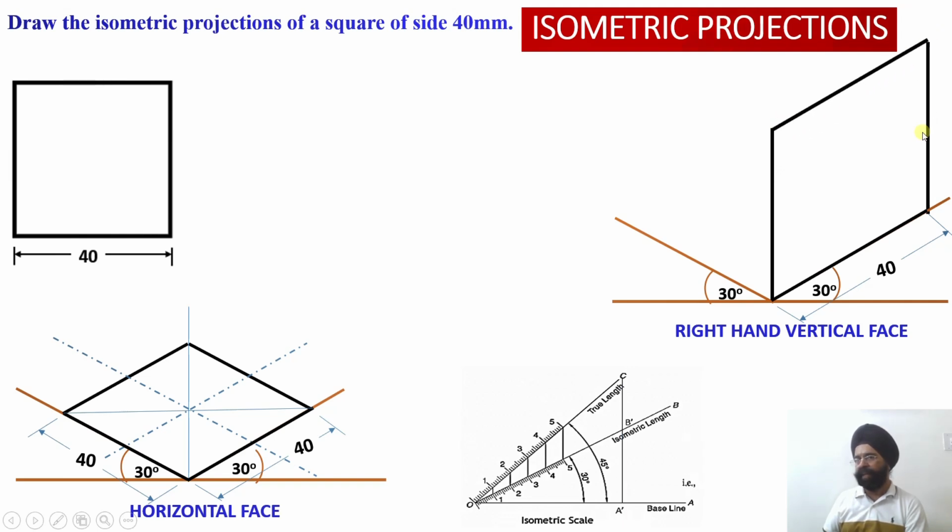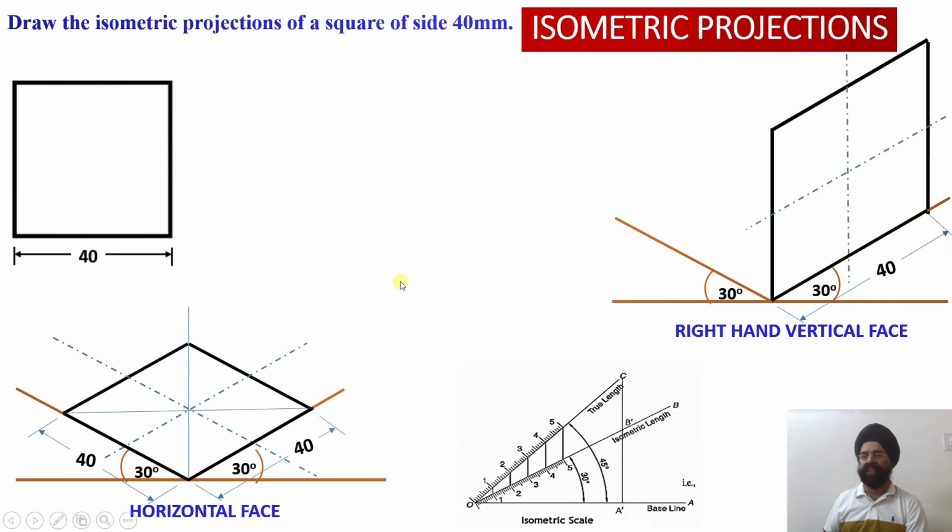Similarly, the length will again be 40 millimeter, and similarly this edge will be parallel to this one edge. So these two lines or edges are called isometric lines of the projection, right? So these are the first two edges which are lying on the axis, whereas these two edges are the isometric lines because they happen to be parallel to the isometric axis.